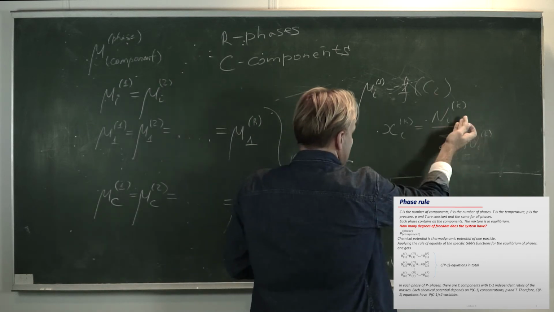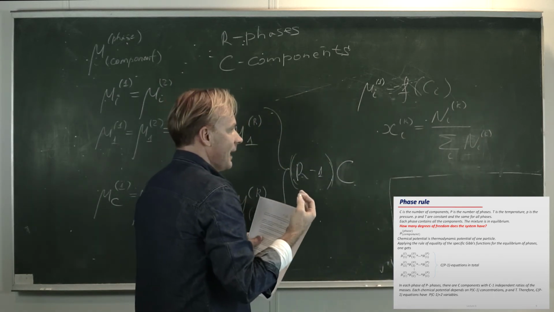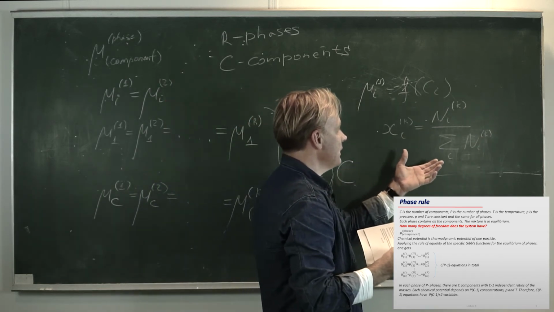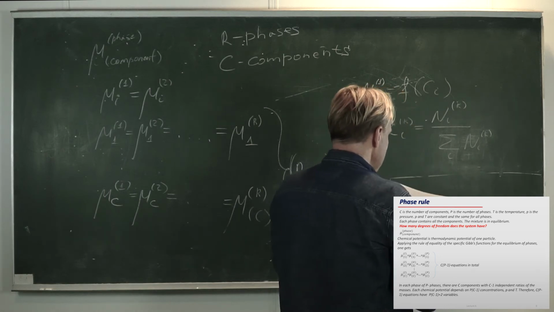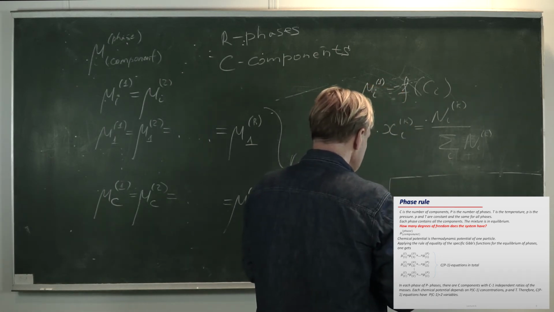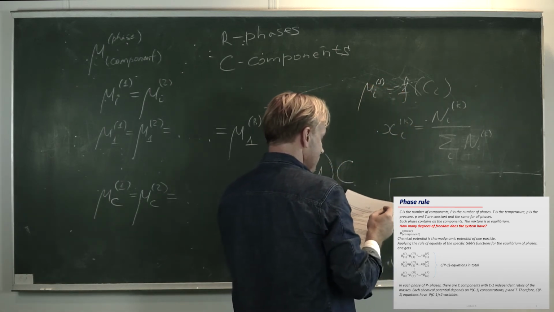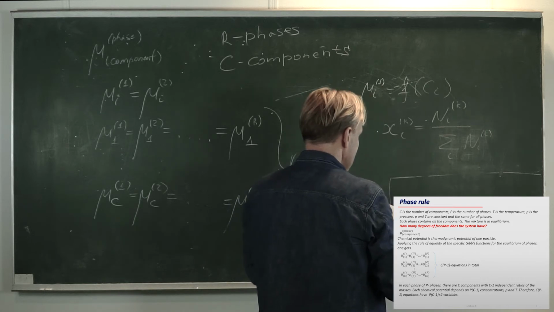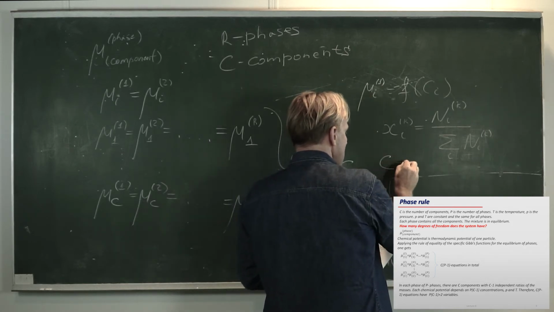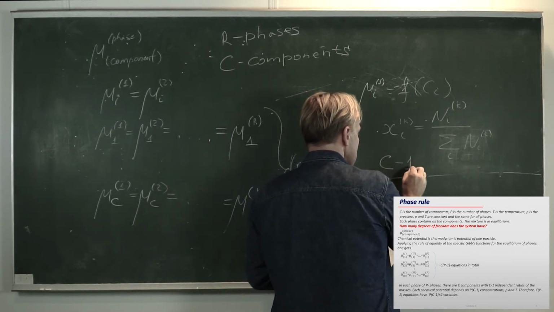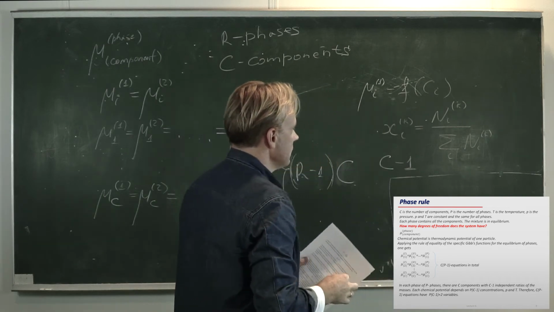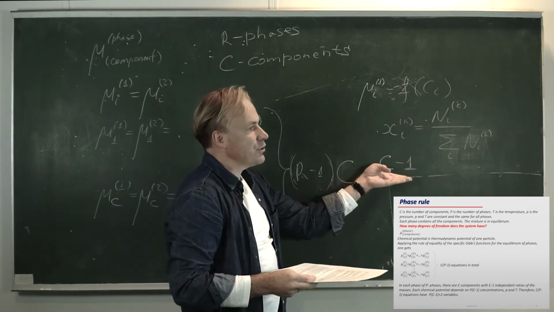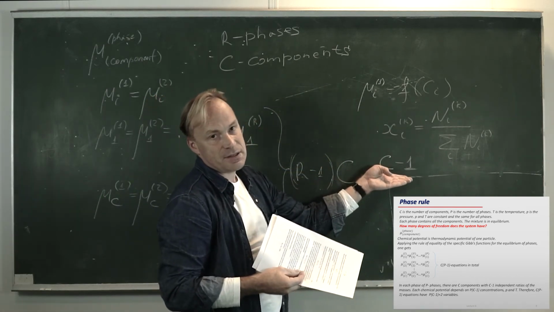And looking at this expression and stating that the total number of particles is fixed, you can conclude that in principle you have C minus 1 mutually independent concentrations in each phase.